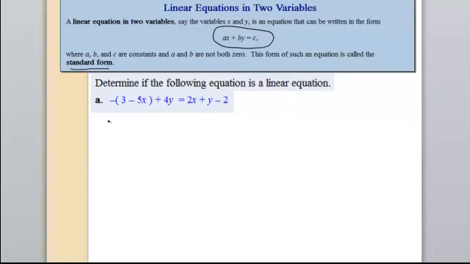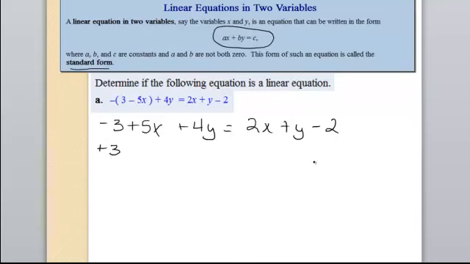Let's go ahead and distribute the negative. Now we need to get the constant on the right and x and y on the left. I'll try to do all of that in one step.